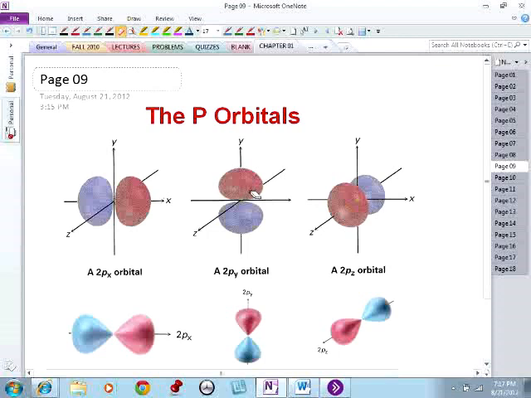But in the p orbitals, what is the maximum number of electrons you can find? 6. Because you have 2 in the px, 2 in the py, and 2 in the pz. So that is a maximum of 6.